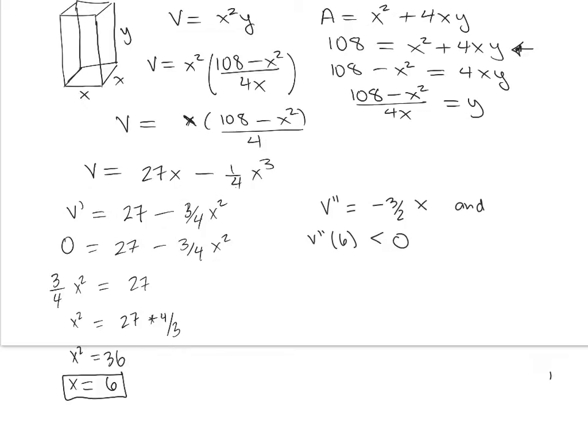When you plug in that critical number you found, your second derivative is negative. Negative means concave what? Down. So v is concave down, and x equals 6 is a max.